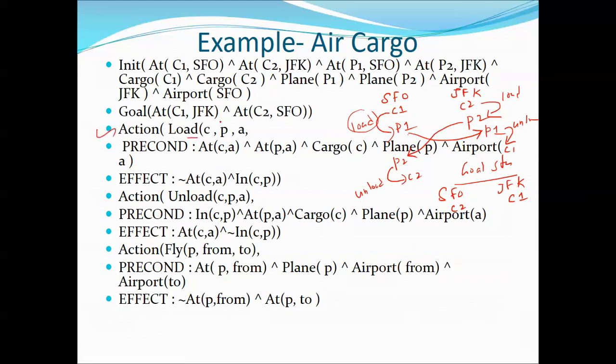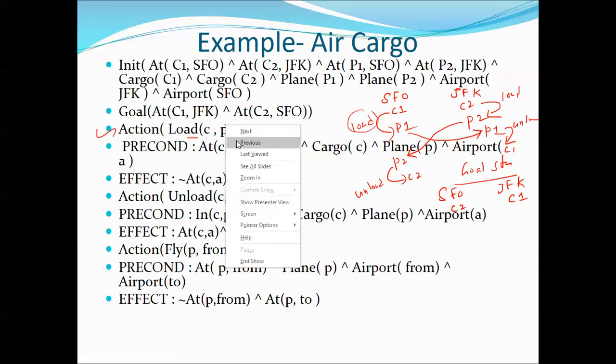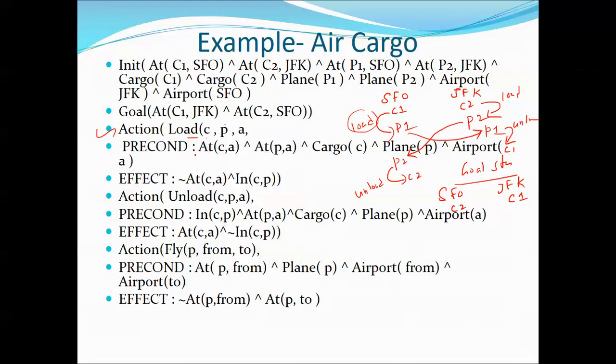So what is the first action we are doing? Load(C, P, A). Right. That is, load the cargo C to the plane P at the airport A. Okay. Load the cargo C in the plane P at airport A. For that, what is the precondition?